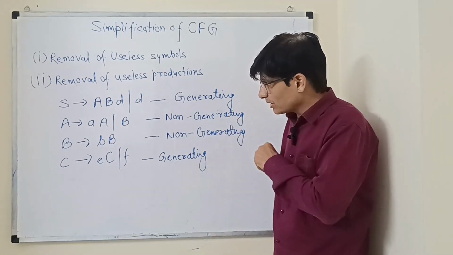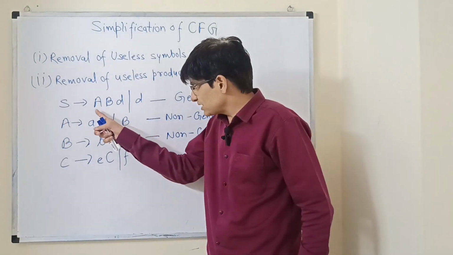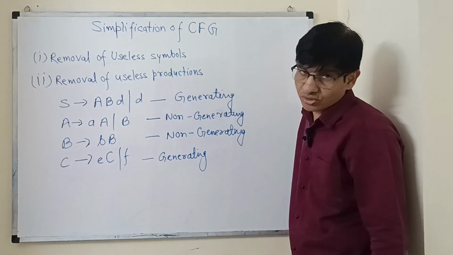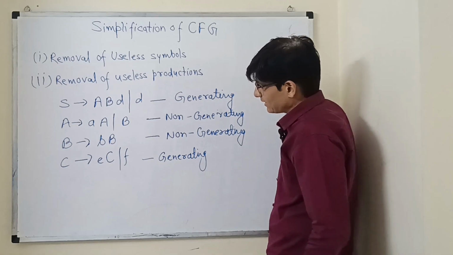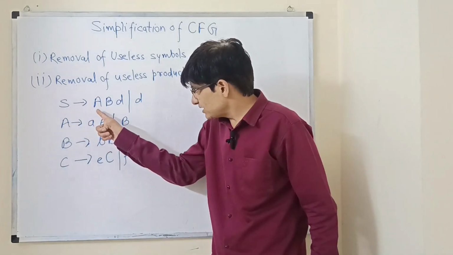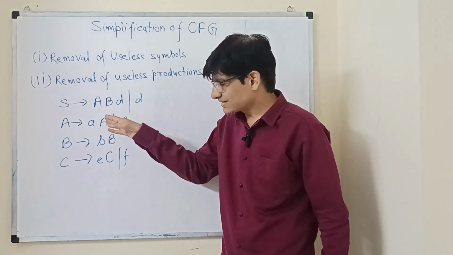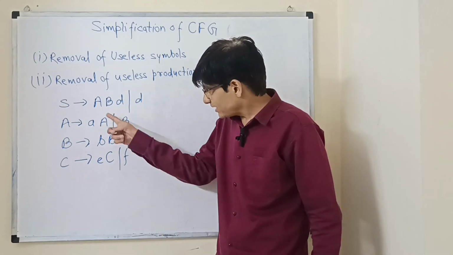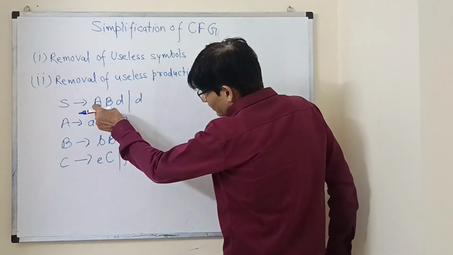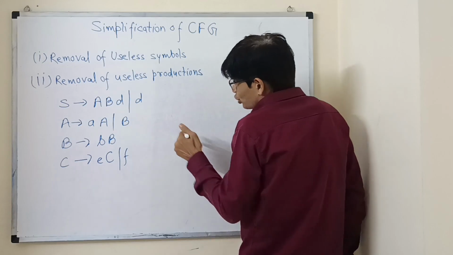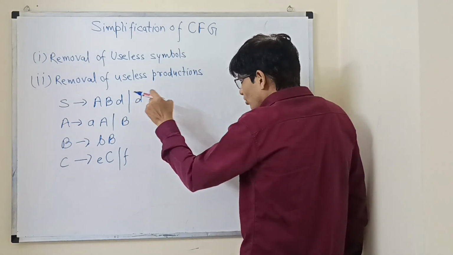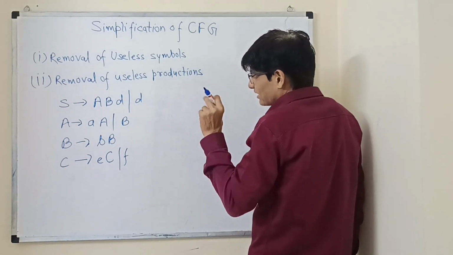Now, if I remove A and B from this particular grammar, all productions of A and B will also be removed. So you can see how we would be doing it. Friends, now if I remove these non-generating variables from this grammar and all their productions, then see, in this particular production, if we remove A and B, S gives d will remain, and there is again one more production which is giving d only.